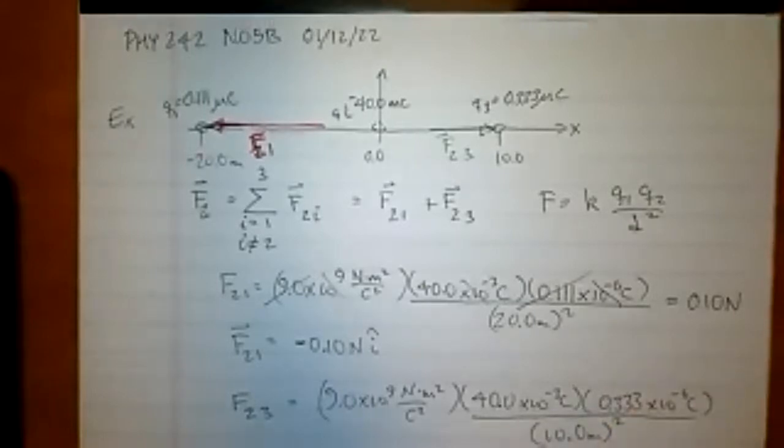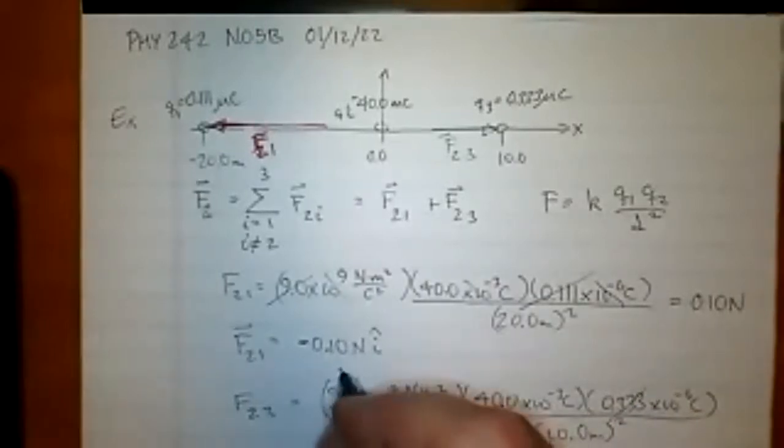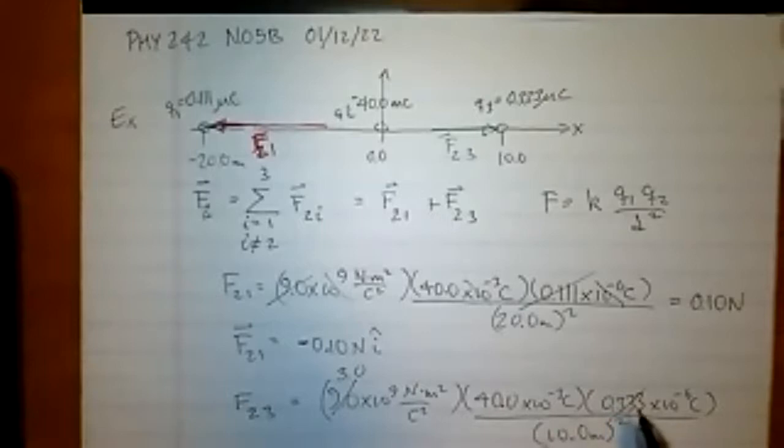So what you can see in this case is the 0.33333 cancels out with this, just leaving a 3.0, because the 0.333 is 1/3. Of course, the 10 to the negative 3rd and the 10 to the negative 6 do cancel out with this 10 to the 9th. So that's pretty nice. So what I end up having is 3 times 40, which is 120, over 10 squared, which is 100. So that's in fact equal to 1.2 newtons.